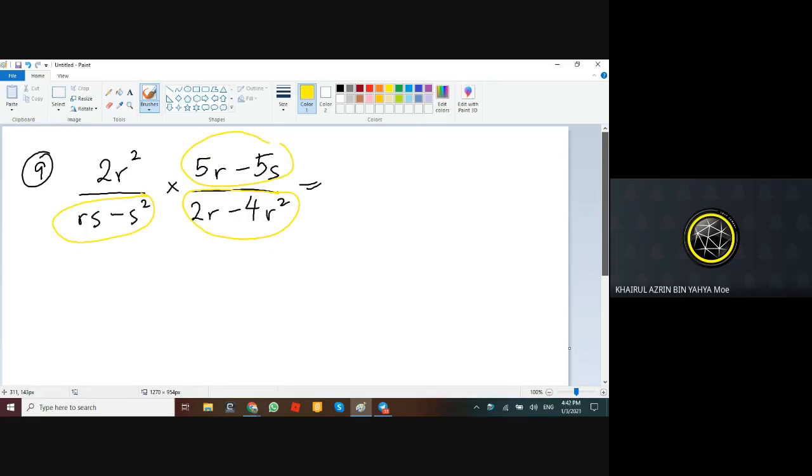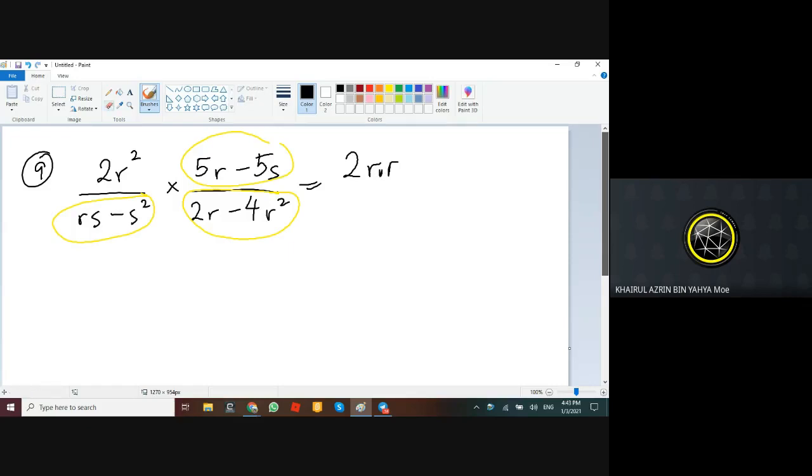For 2r square, we cannot do anything now, so we just write 2r square. If you want to write 2rr, it is also acceptable. Maybe you can put a dot; a dot in mathematics actually equals multiplication. If you don't want to write the dot, no problem.